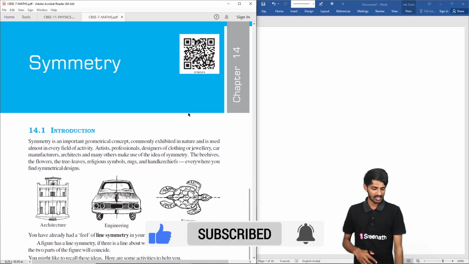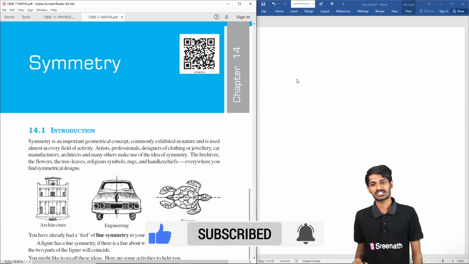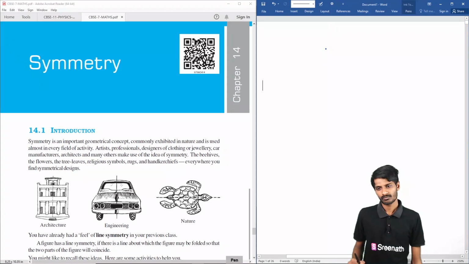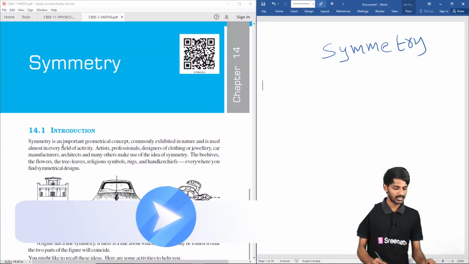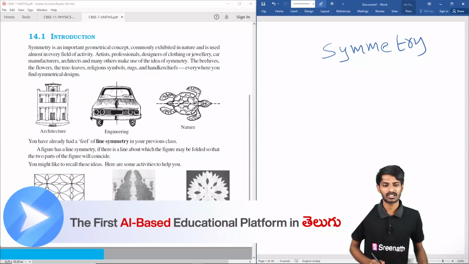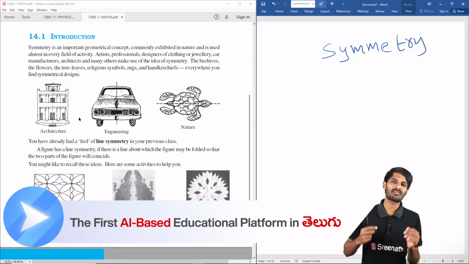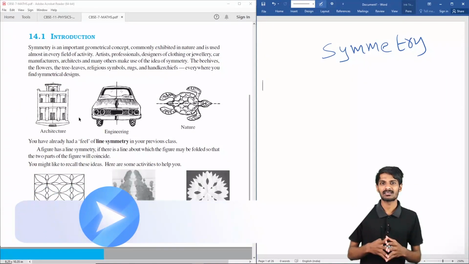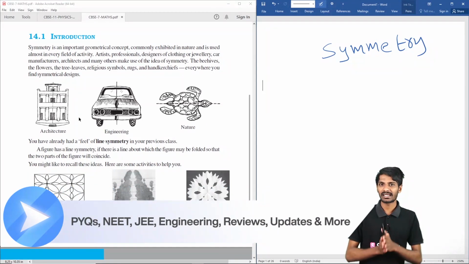Okay students, so now we'll start this chapter. We'll see the overview. So this is the introduction. If you see in nature, in our constructions, in our textiles, in our dresses, in our so many patterns, there are so many symmetrical designs.